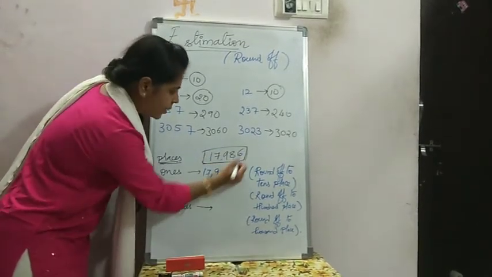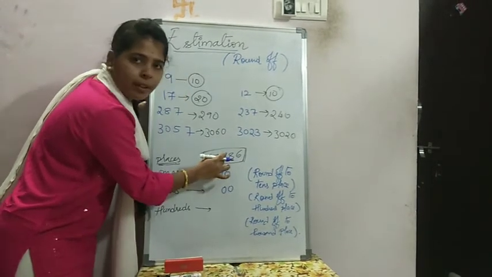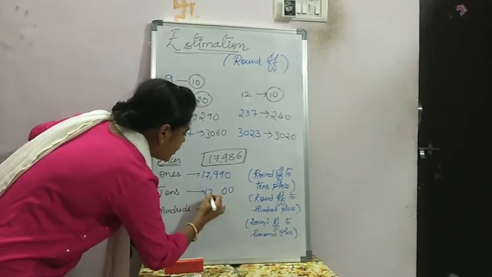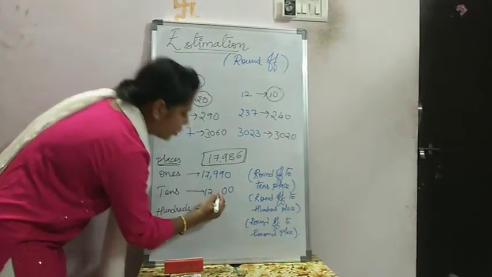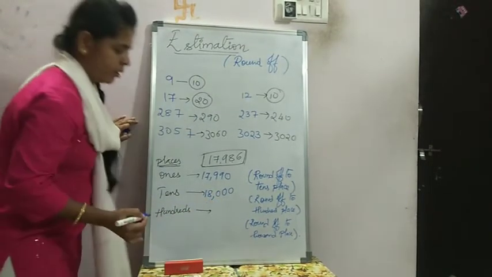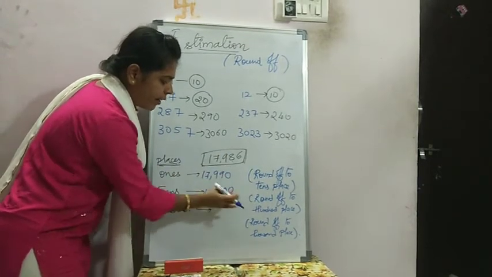So this place will become 0, and plus 1 to the previous one. So this 17 will become 18, so it becomes 18,000, right? Plus 1 means 10, so this will be 0 and the 1 will be added here, 18,000.